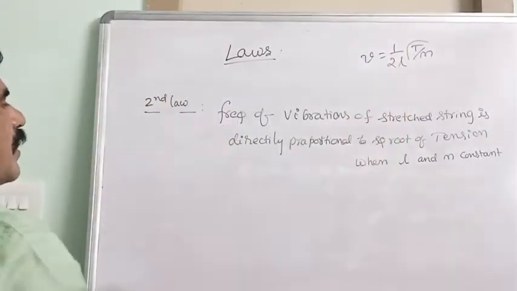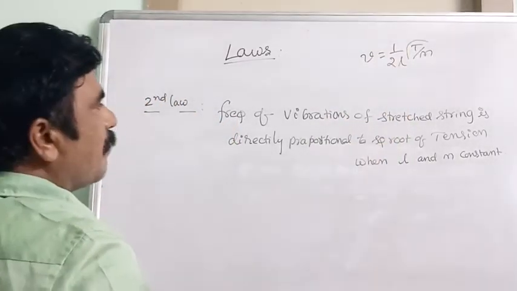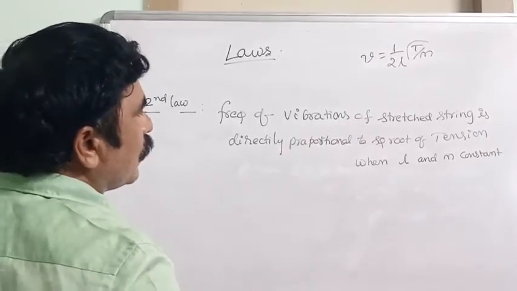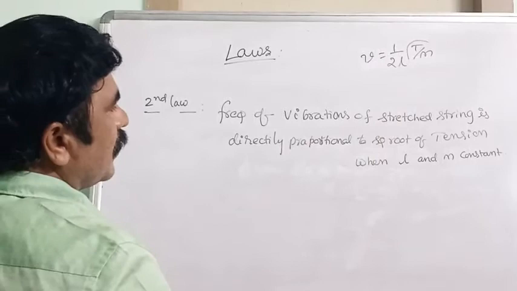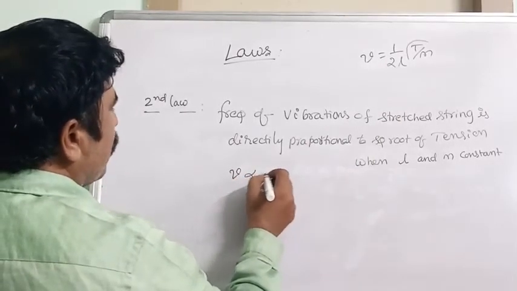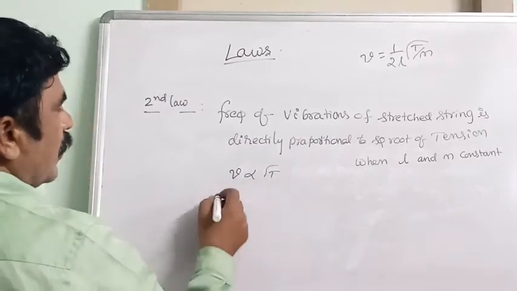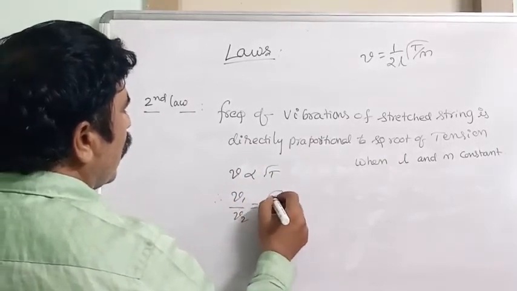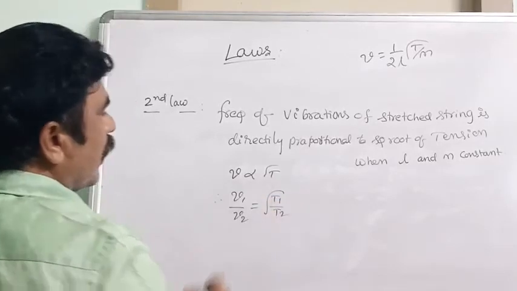Coming to the second law, nu is proportional to root T. As a statement, the frequency of vibration of a stretched string is directly proportional to the square root of tension when L and M are constant. Therefore nu1 by nu2 equals root of T1 by T2.